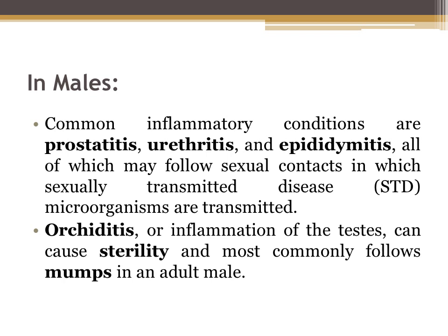Alright, so we also have the orchiditis. I hope that I've mentioned that correctly. Orchiditis, or inflammation of the testes, can cause sterility and most commonly follows mumps in an adult male. So orchiditis is the pamamaga of the testis. Again, the testis is the one that produces testosterone, which helps the man develop his sexual organ and, of course, makes him masculine.